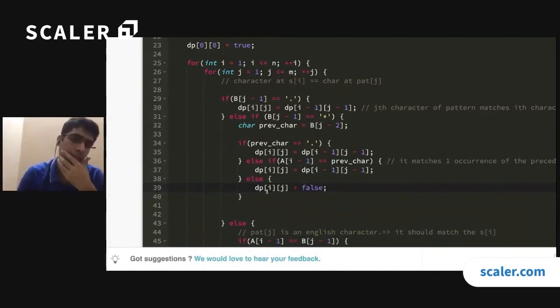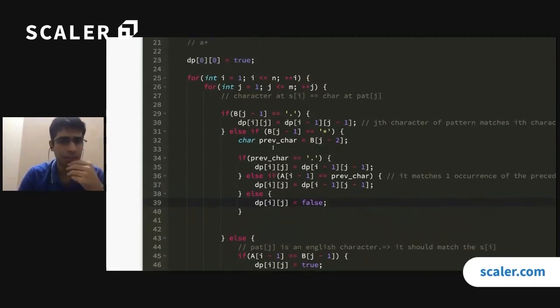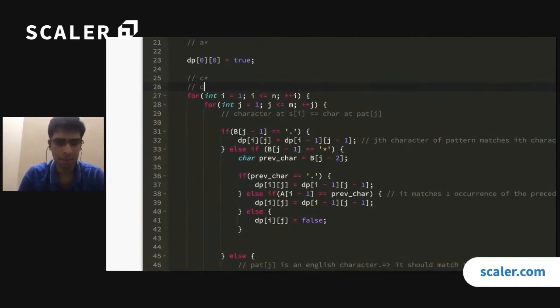What if there are multiple C's and then there is a star? Let us take care of a case like, let us say that there is a C, there is a star, and then I have this C, C, C, C, C. Now when I will be computing this, this will match. Now when I will be computing this, this won't match, okay? Then when I will be computing this, it will be equal to dp i minus 1, this matches till this, which is also true.